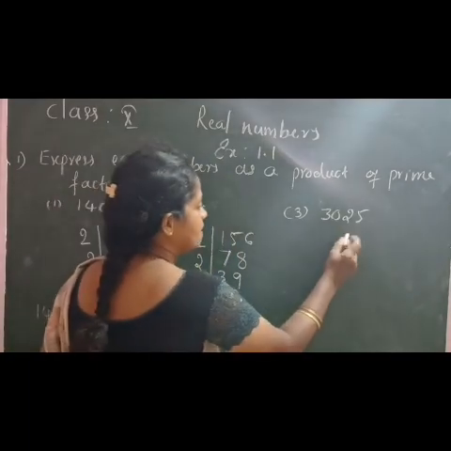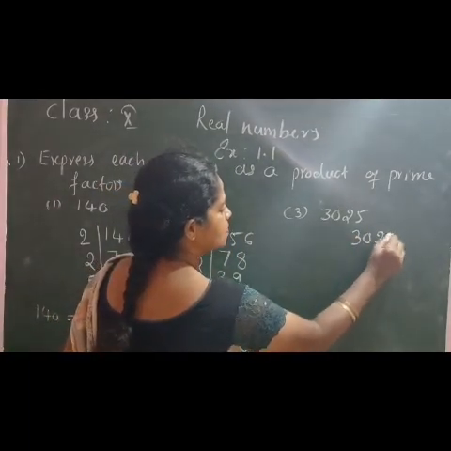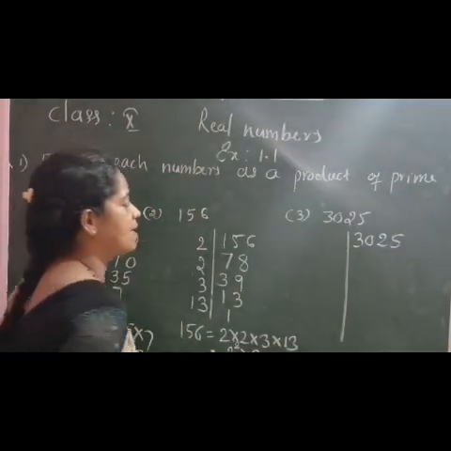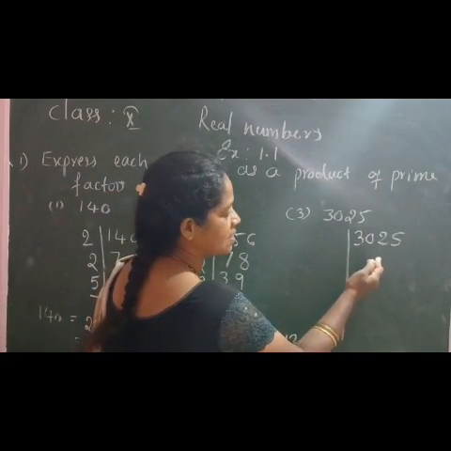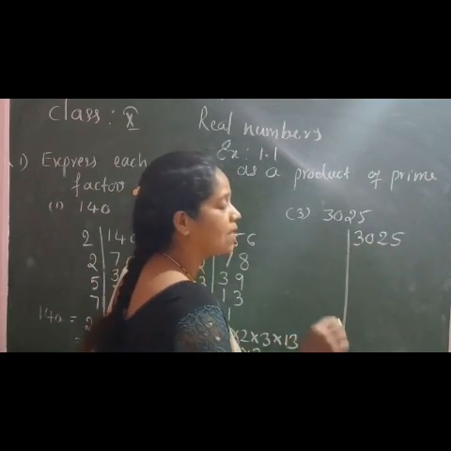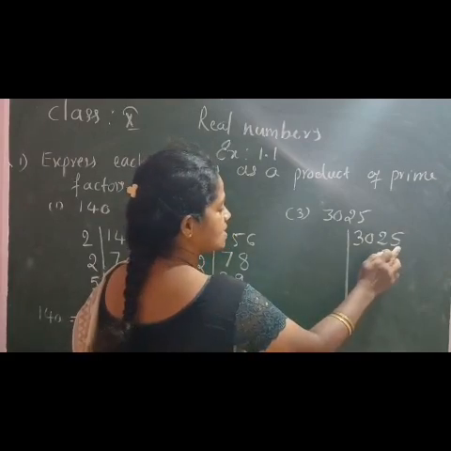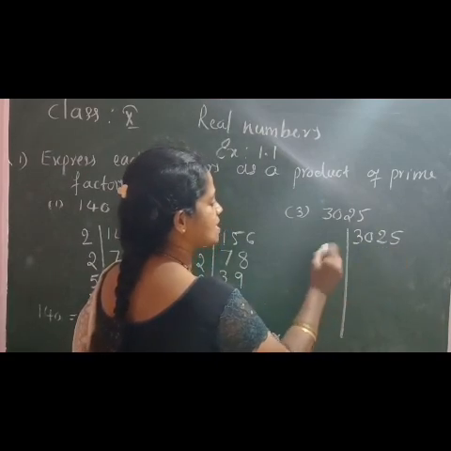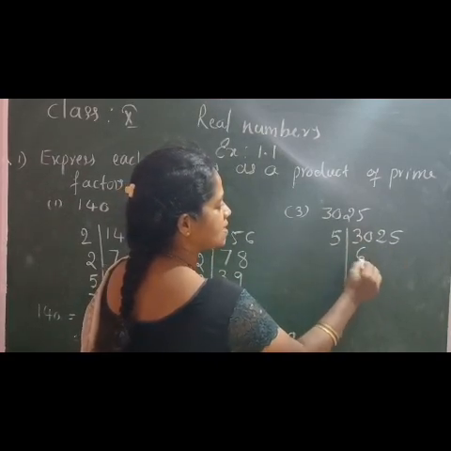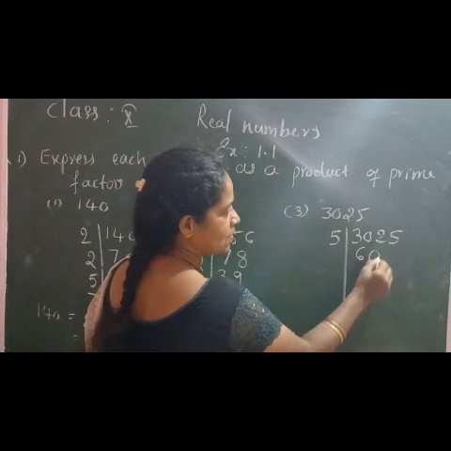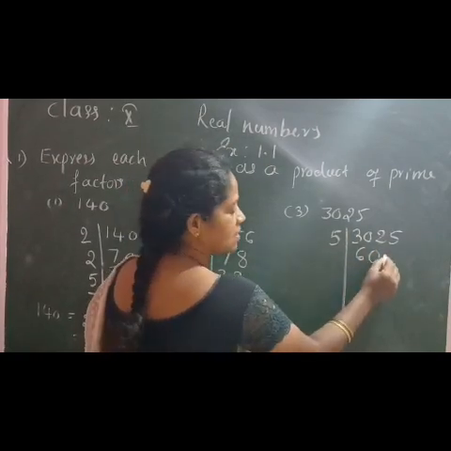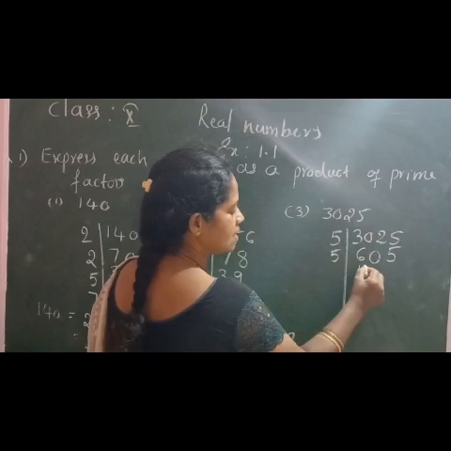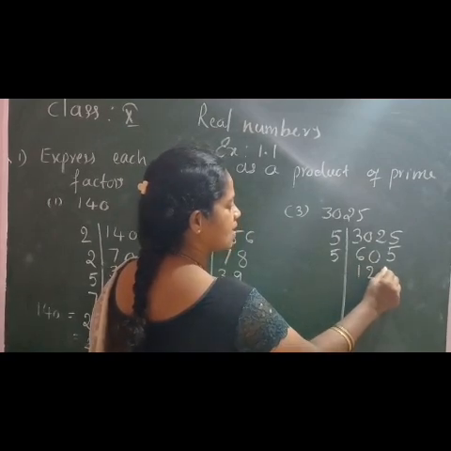Let us see the third one, 3025. This number is not an even number. We have to check whether this number is divisible by the next number, 3. It is not dividing. You have to check. This number has 5 in the unit place, so divide by 5: 5 times 605 is 3025. 605 is divisible by 5 again: 5 times 121 is 605.